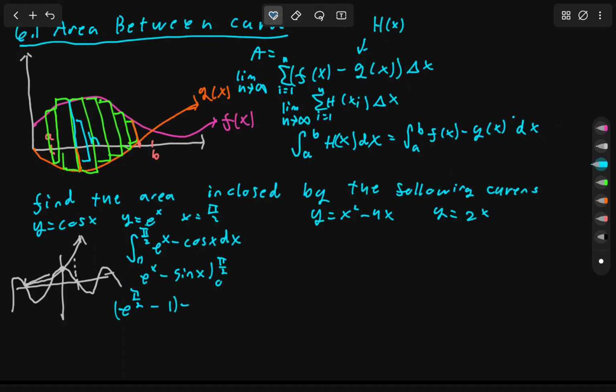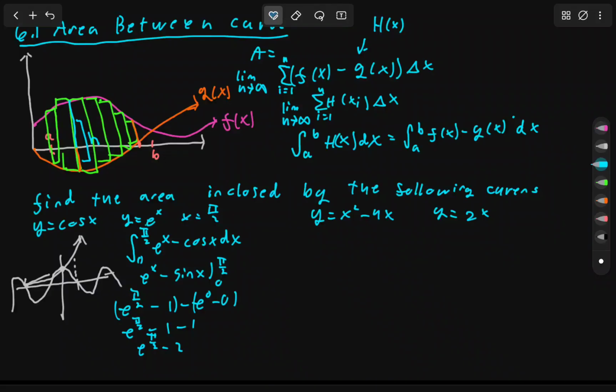Minus now e to the 0 minus sine of 0, which is 1. Wait, sorry, sine of 0 is 0. Apparently I don't know my trig. So we get e to the pi over 2 minus 1 minus 1, so we get e to the pi over 2 minus 2.